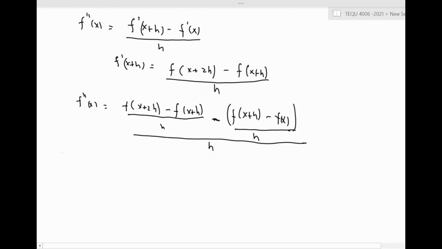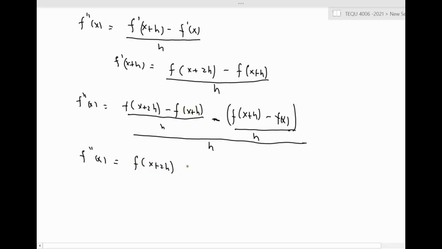So when you simplify the whole thing, the second derivative is nothing else than this: f of x plus 2h. There's nothing here with a similar value, so it's all alone. So I have f of x plus 2h. Now, this one is negative, and this one is negative as well, and they are identical.